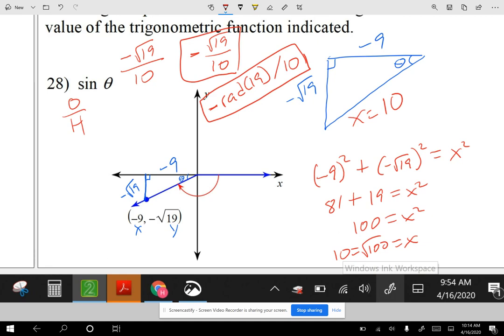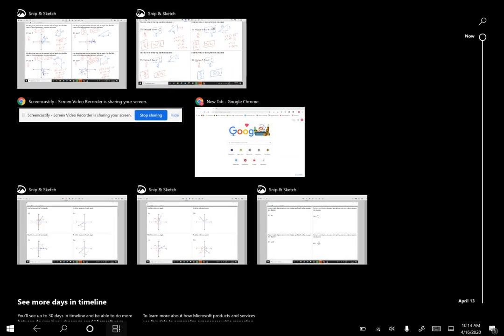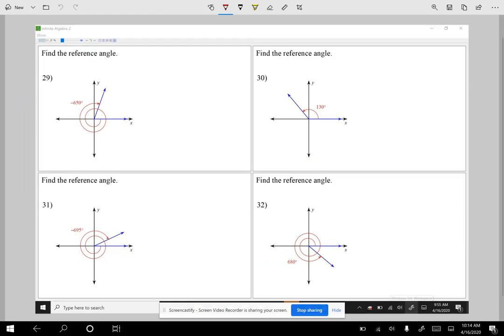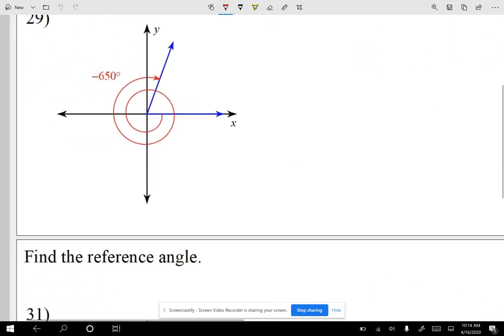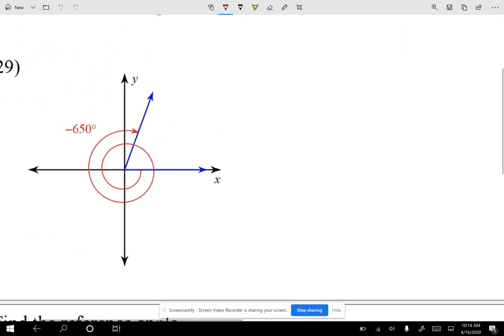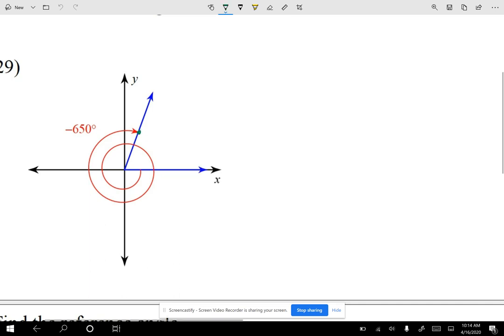All right, so now let's move into question number 29. The reference angle. The reference angle is having the corner, the point where this thing ended. Let me do this in green. What's the angle that is closest to the x-axis?